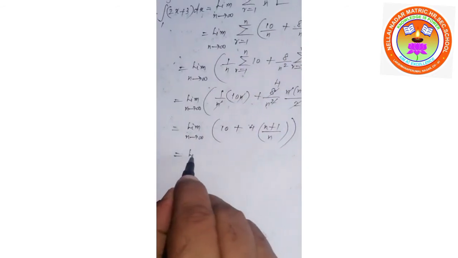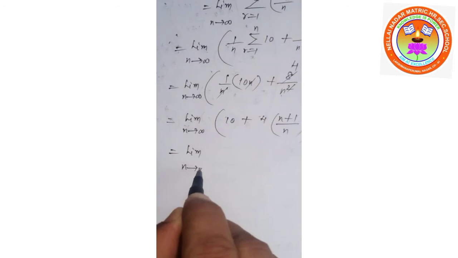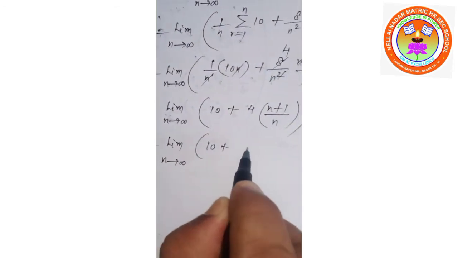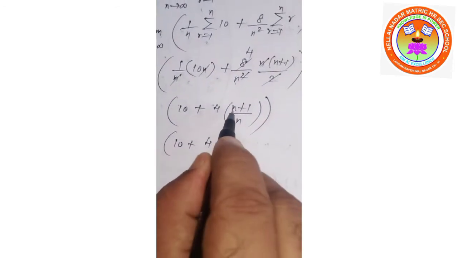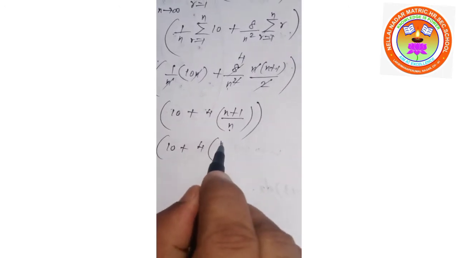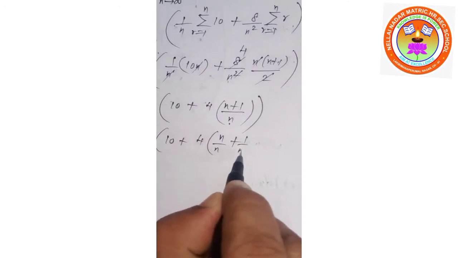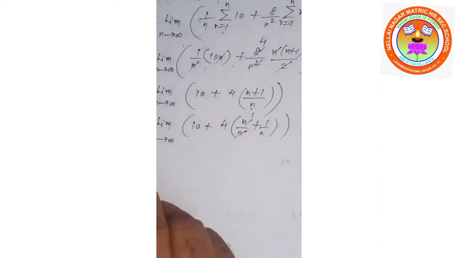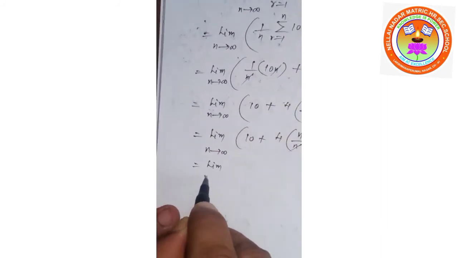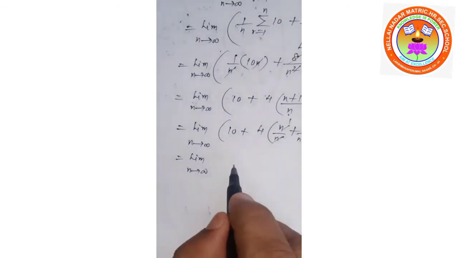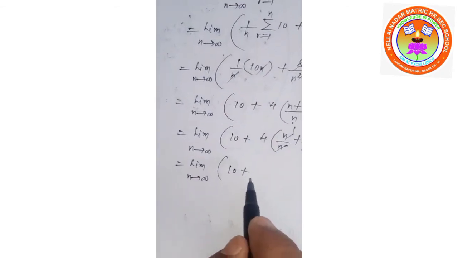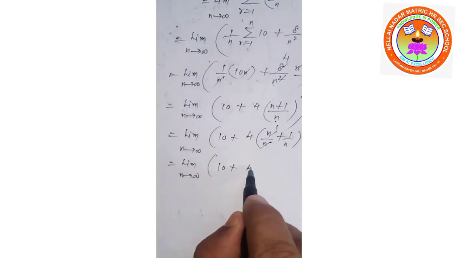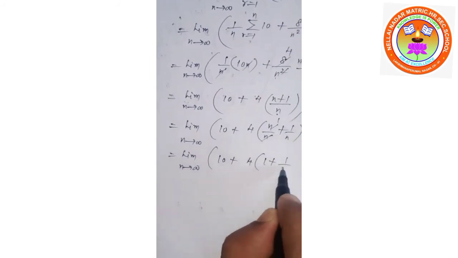That is equal to limit n tends to infinity, 10 plus 4 into, which can be separated as n by n plus 1 by n. n by n gets cancelled, equals limit n tends to infinity, 10 plus 4 into 1 plus 1 by n.